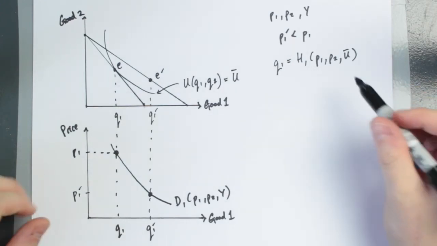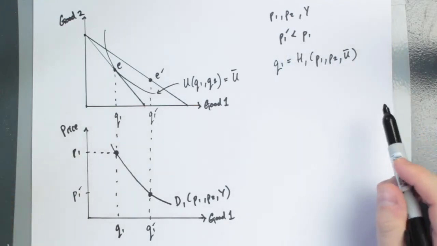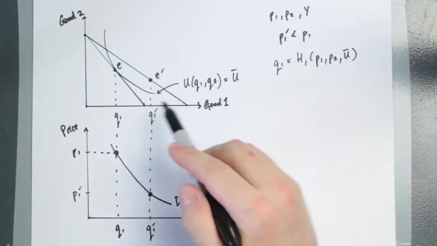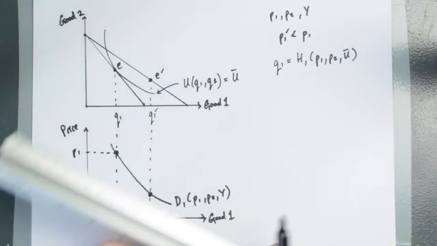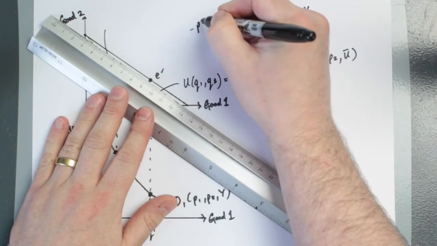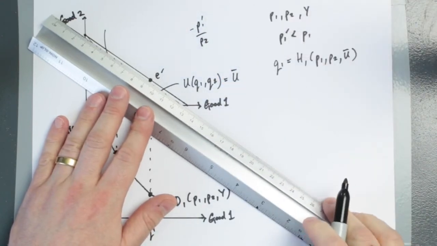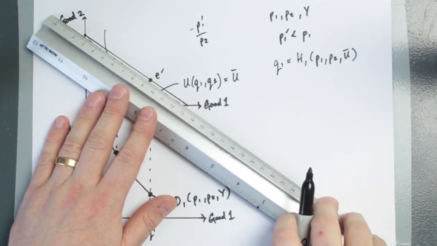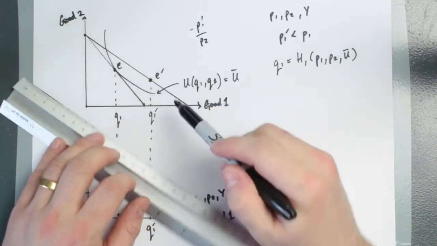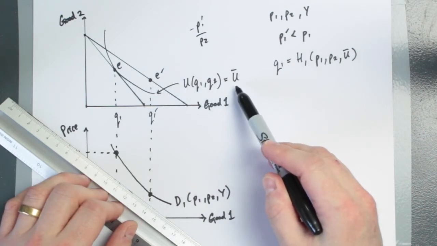So what about if the price changes to P1 prime? Okay, so if the price changes to P1 prime, then there is a new slope. The new slope is minus P1 prime over P2, which is the slope of the new budget line. Now, this new bundle E prime has higher utility than U bar.